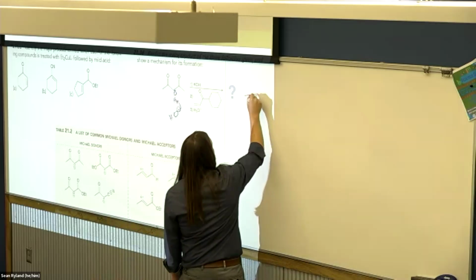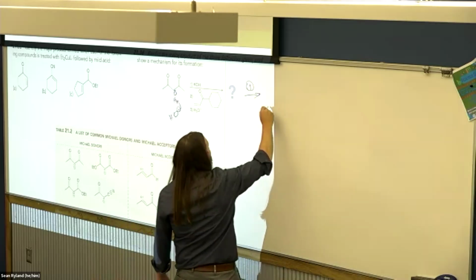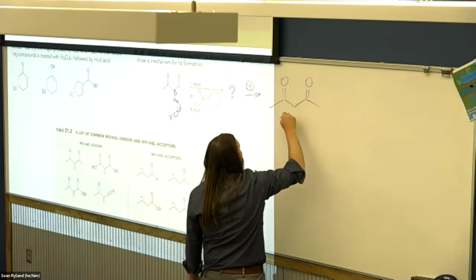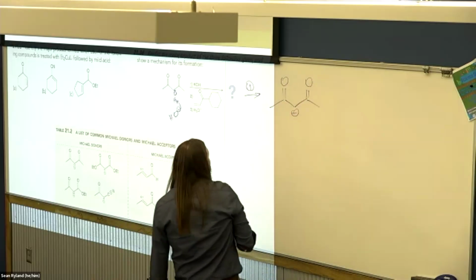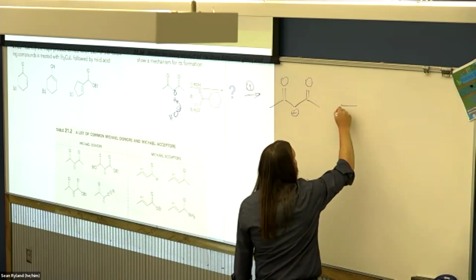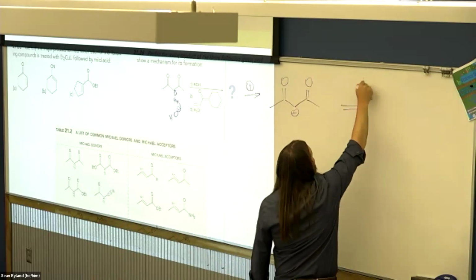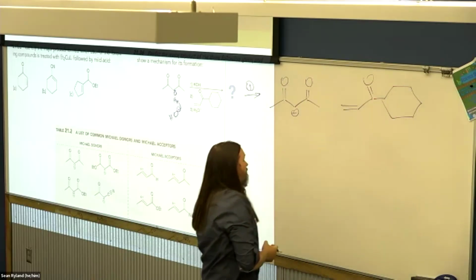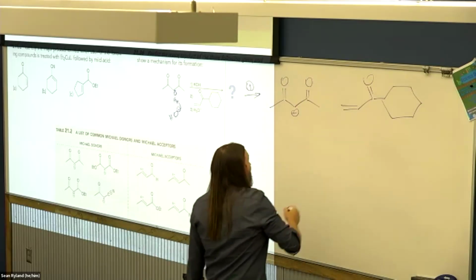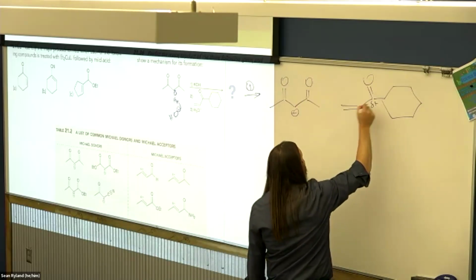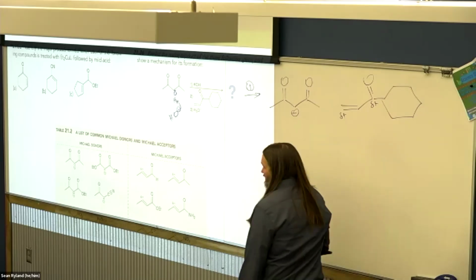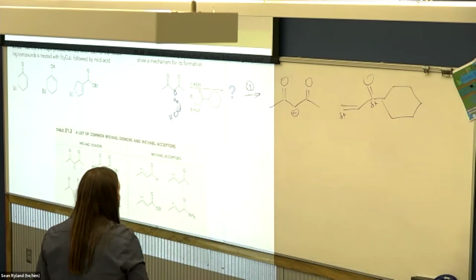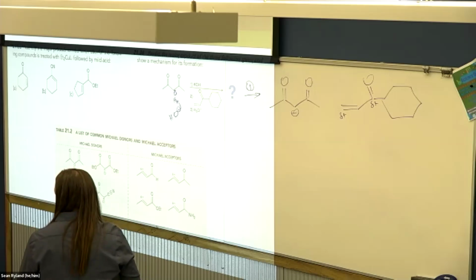So after step one, we get the enolate, which is going to come in here. And remember, we have two partial positives here that it can attack. For this one, it's going to attack the beta carbon.